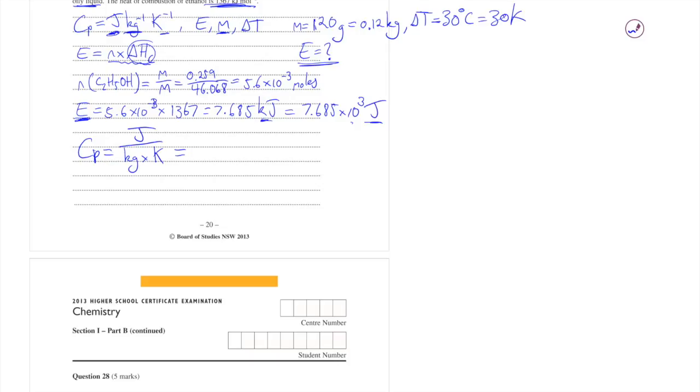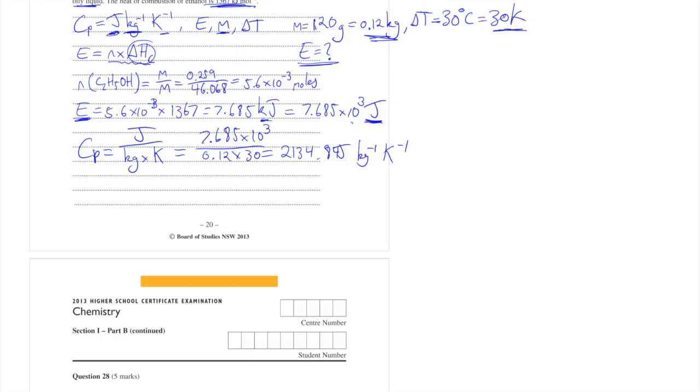And now we can put all these values in as long as they are the right units, which of course they are now that we've dealt with them. So we're going to put in 7.685 by 10 to the 3 divided by 0.12 times 30, and you should get an answer of 2,134.84 joules per kilogram per Kelvin.